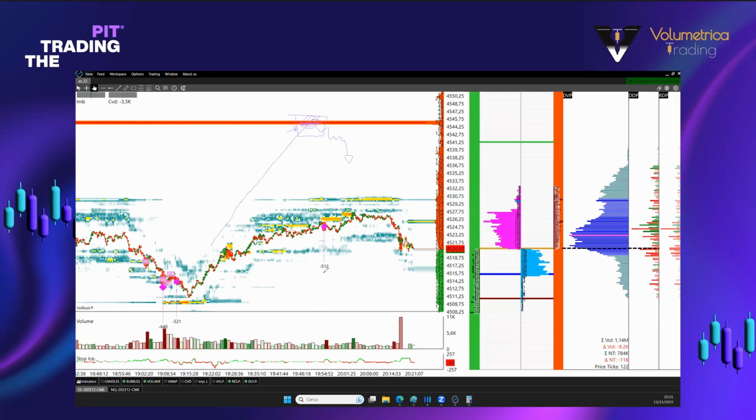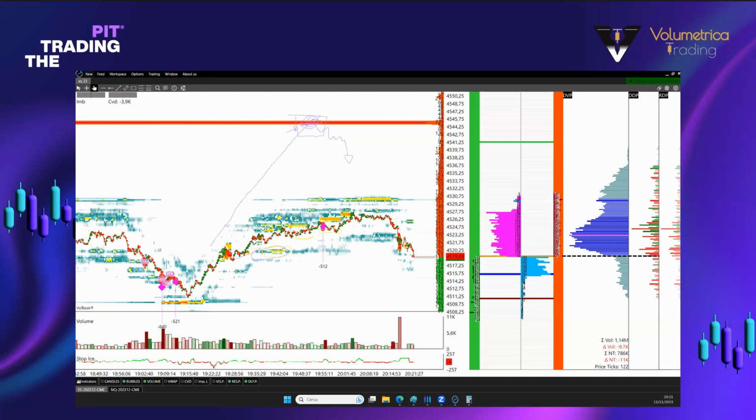If I have so many contracts here, and then as price rises, I have more here, and then again here, it will always be more difficult for sellers to break that wall, which is slowly building up below the price.